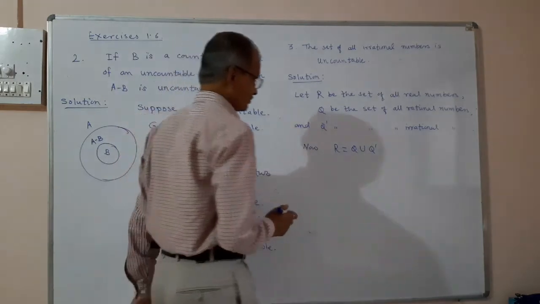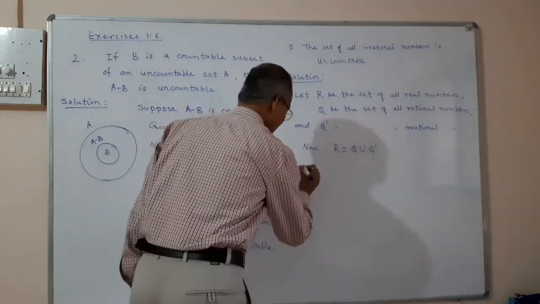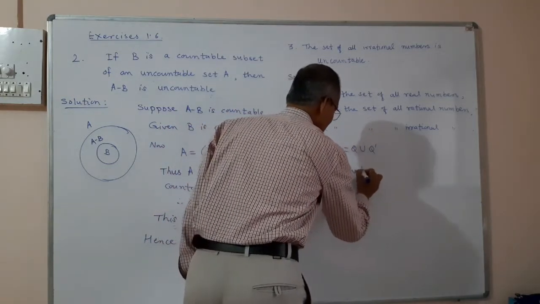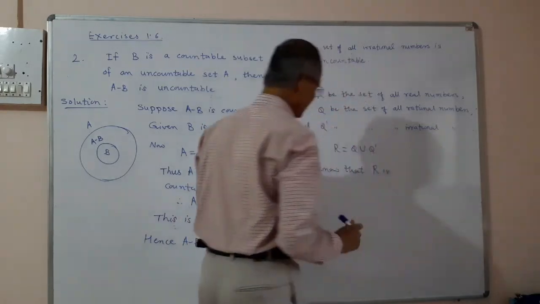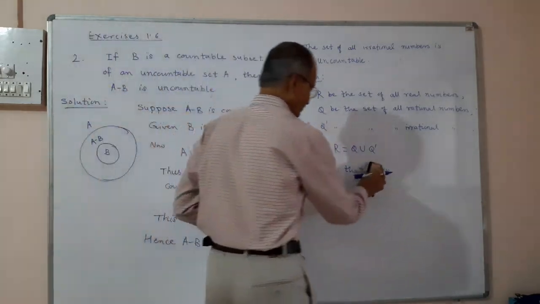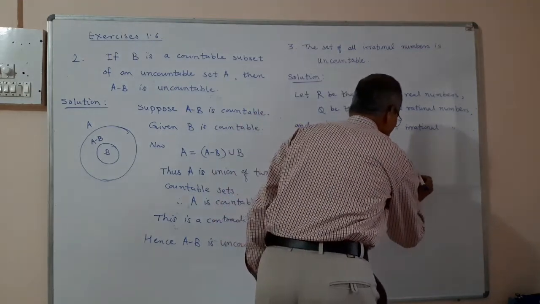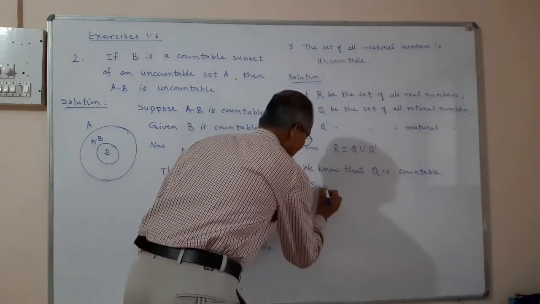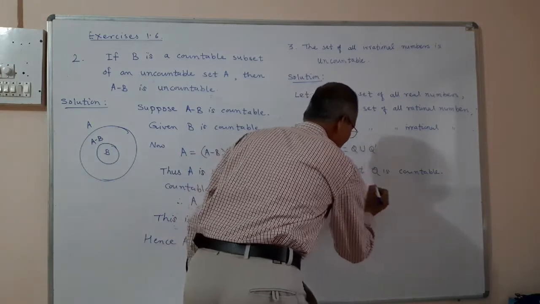So we write the information here as: we know that R is uncountable, and earlier we proved Q is countable. Suppose Q dash is countable.